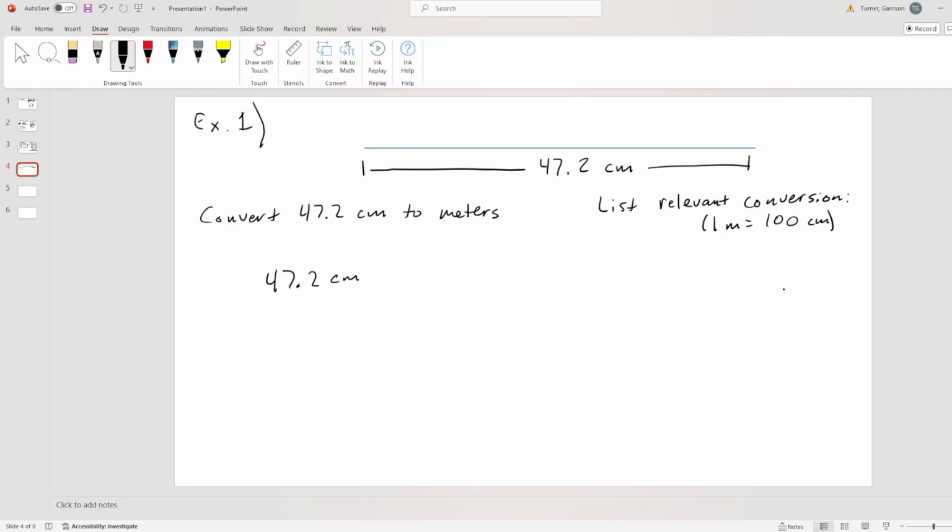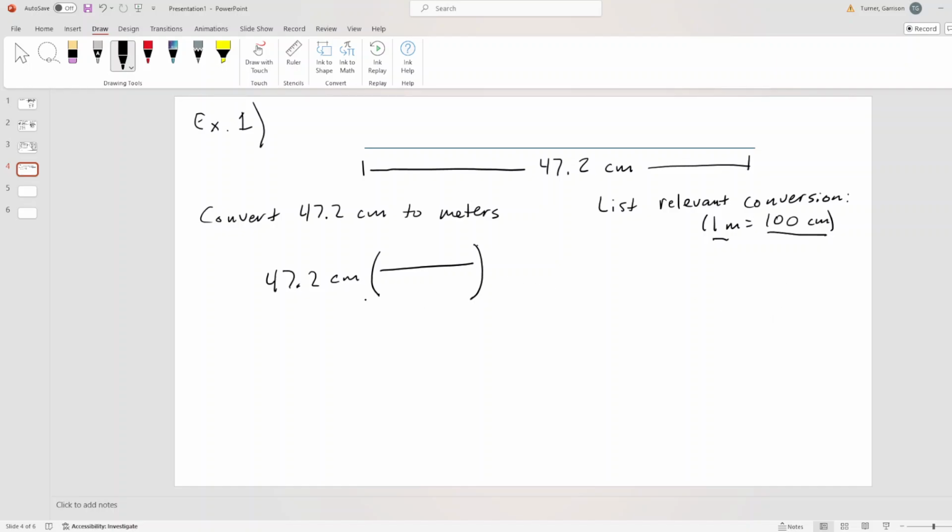Okay? So what I do is I write a ratio. I make a conversion ratio, draw a parenthesis, and then make a fraction. Okay? Now I want to convert out of centimeters into meters.